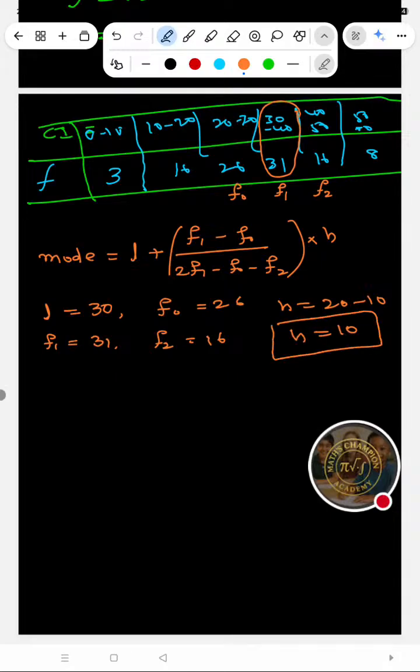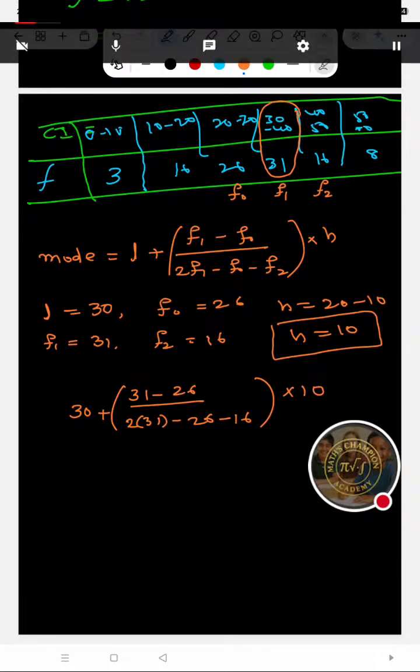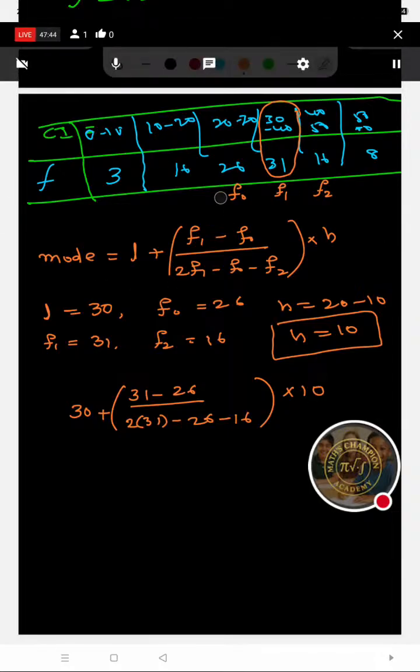Now substitute these values. L is 30 plus F1 is 31 minus F0 26, by 2 into 31 minus 26 minus 16, multiplied by 10. Easy only, you have to remember the formula.